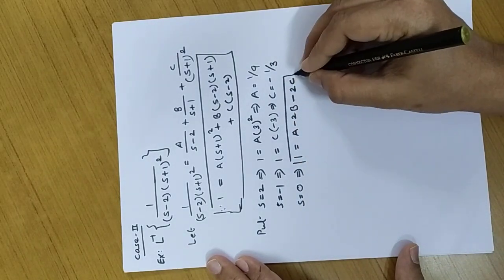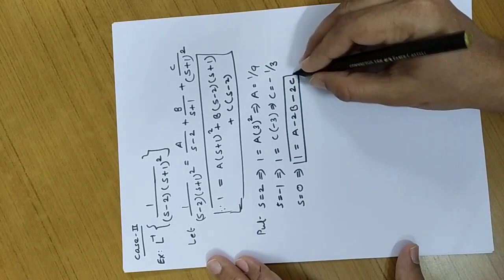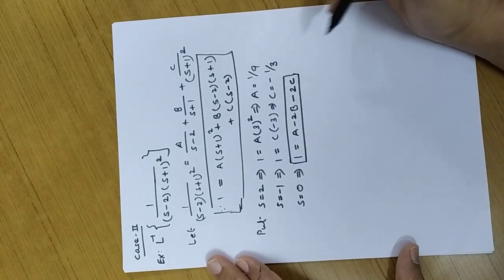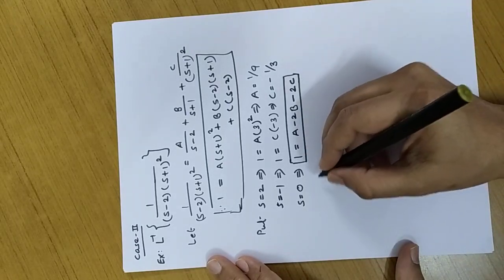So you can see we are not getting the exact value of B, but we get some combination of A, B and C. But we already have the values of A and C. So how to get the value of B? It is very easy.